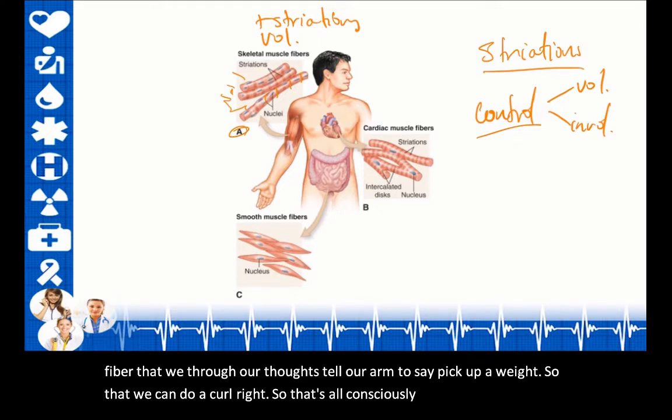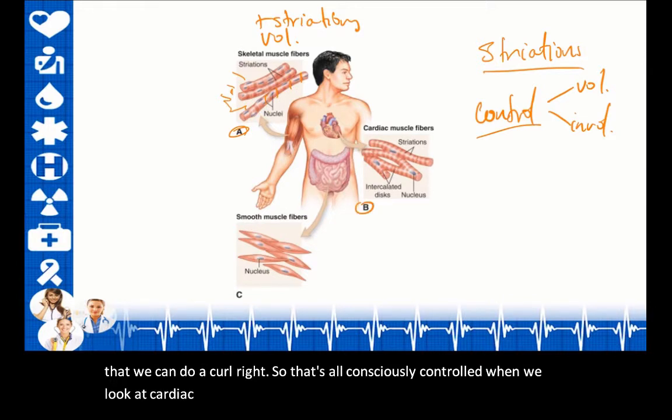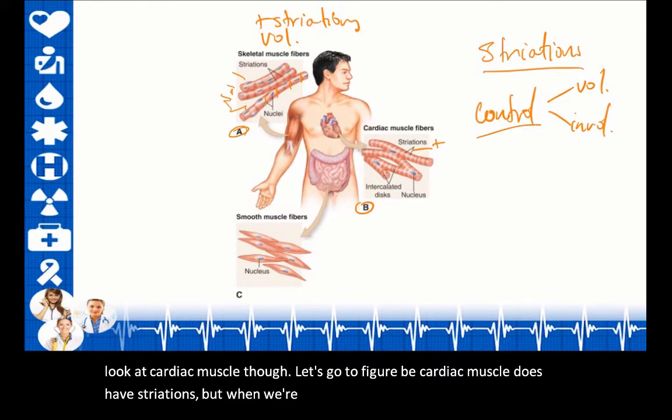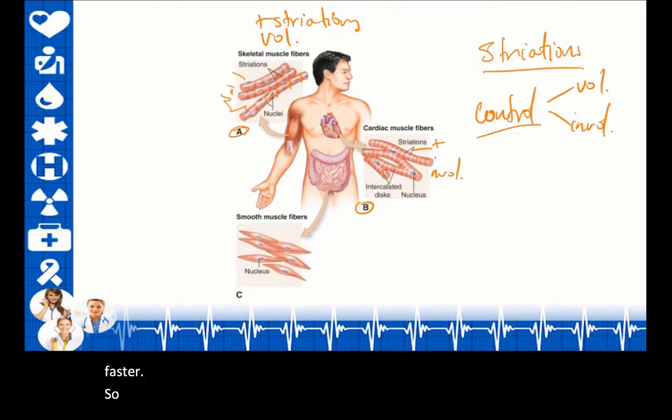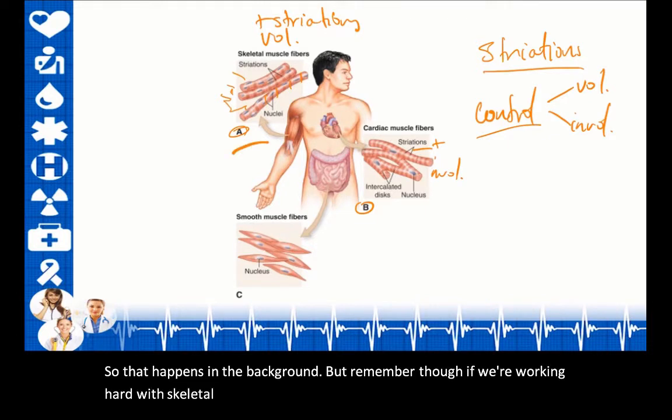When we look at cardiac muscle, though, let's go to figure B. Cardiac muscle does have striations, but when we're looking at control, thank goodness, it's involuntary control. We don't have to think 24 hours a day about our heart beating. So that happens in the background. But remember, if we're working hard with skeletal muscle and we're working hard with cardiac muscle, skeletal muscle gets to rest.